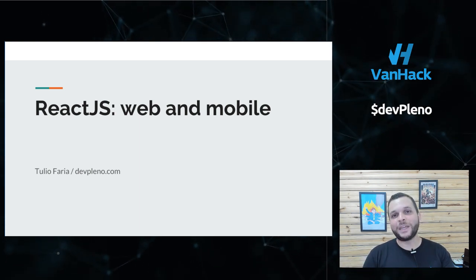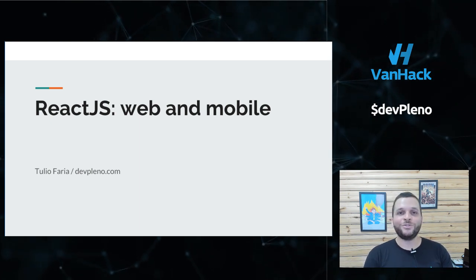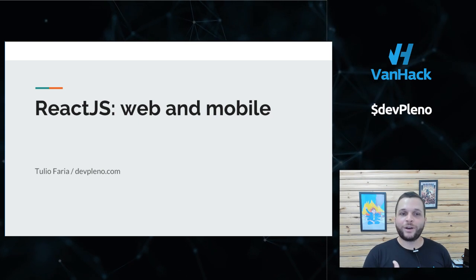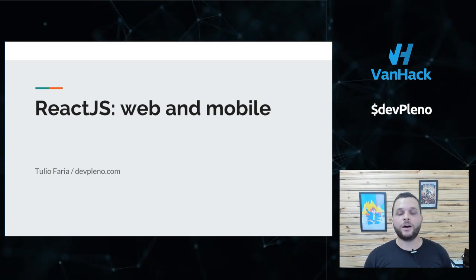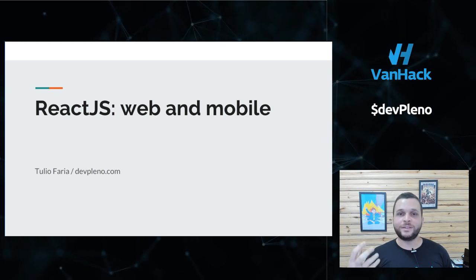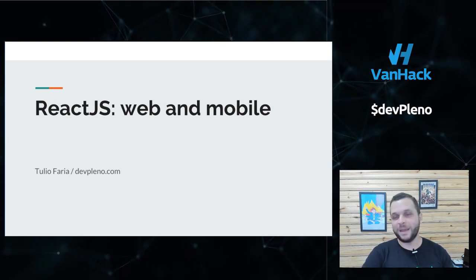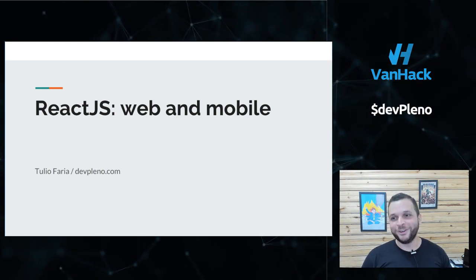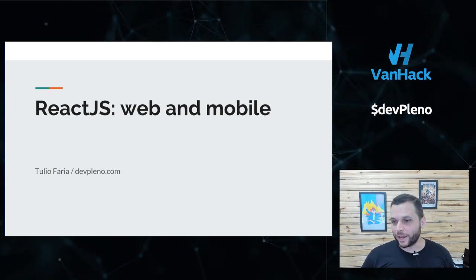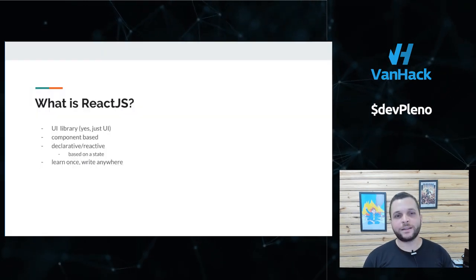But we can reuse these concepts and this experience on other platforms. That's why I think React is so powerful and so requested right now, because we can use the same experience to deliver amazing apps for web, for mobile, and so on. So that's why it's so nice. We are going to cover some really basic topics.